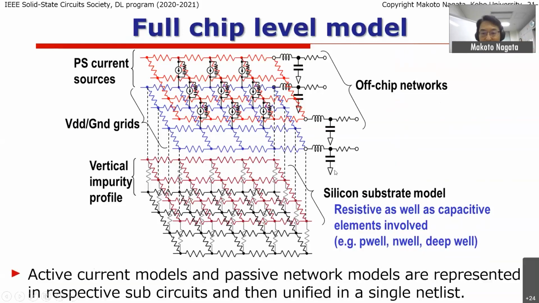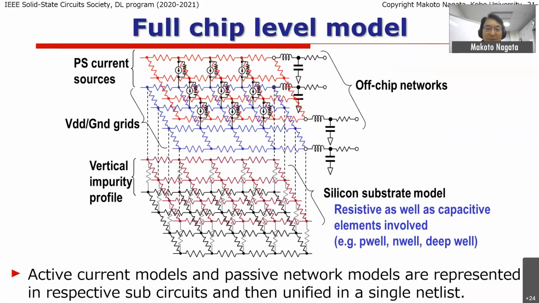And once again, substrate models are attached to the power grid models. So power delivery networks, all the gate components, and also substrates are packed together to form a single big netlist of the digital circuit.